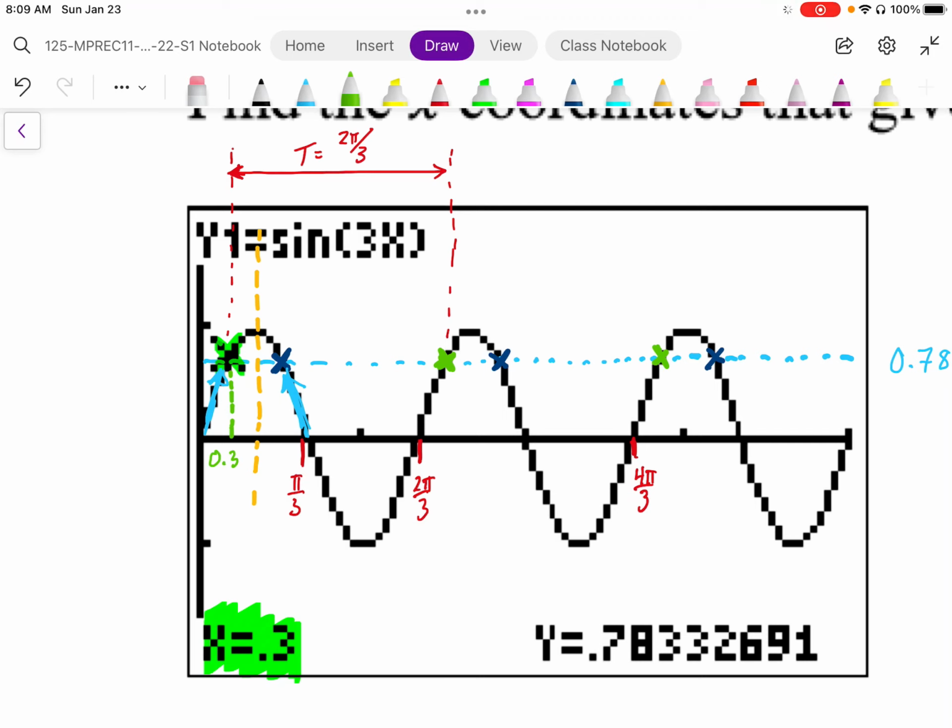And if we take a look at this period from 0 to 2 pi over 3, we know that this point here represents halfway, so that must be pi over 3. And then using that position, we can find the blue x point by going backwards the 0.3 that was given at the beginning. So we can see that from the y-axis to the right, we can then do that same distance from pi over 3 to the left.